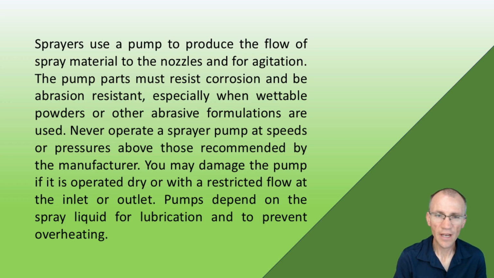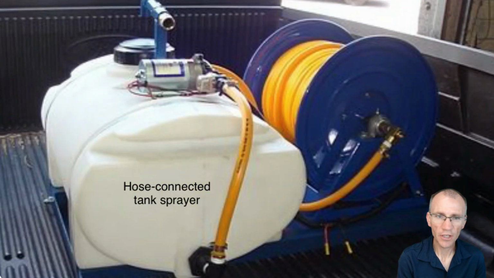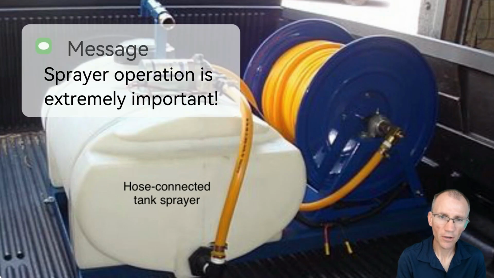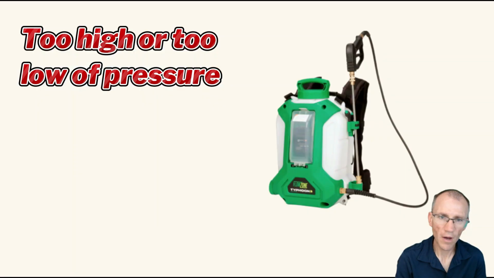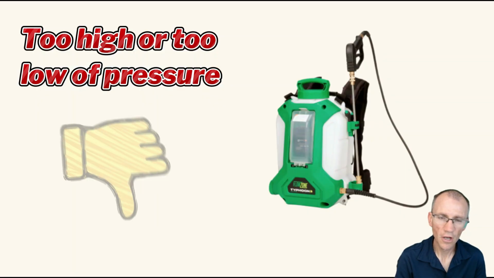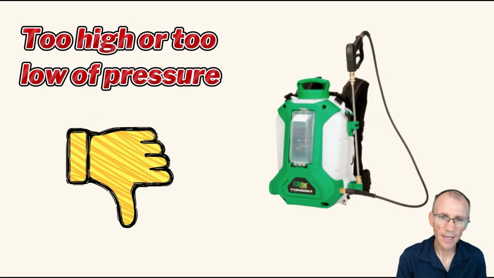One piece of information we've introduced on this slide is the fact that when you're dealing with a sprayer, and especially with all the different parts in it, you also have to know how to operate that sprayer. Now, I know you've heard about reading pesticide labels and how important that is. Operating the sprayer is also important. You've got all these different things you got to follow on that sprayer, because if you operate at too high of a pressure or too low of a pressure, technically we're also not following the label.